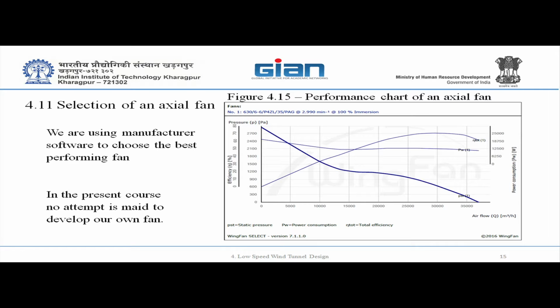You go down to the horizontal axis, which is the flow rate in cubic meters per hour. So you will have 0 flow in your fan when it is blocked. If you block your fan, there will be no flow. But then, in the small space between the entrance to the fan and the blades, you'll have a very high static pressure, negative, right? So you see the pressure is very high.